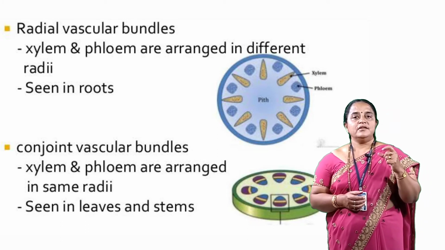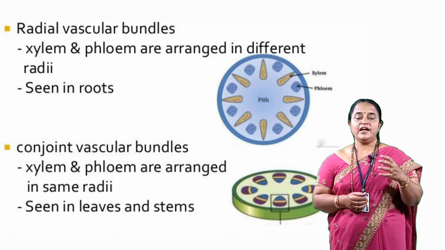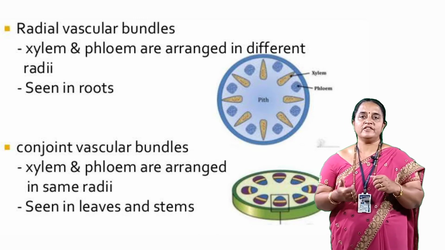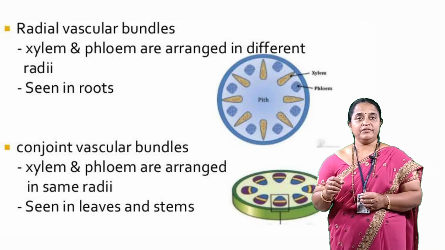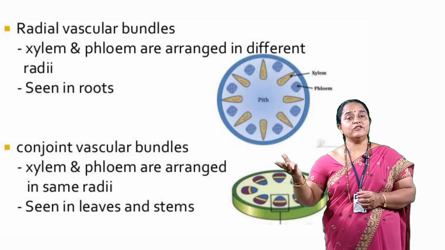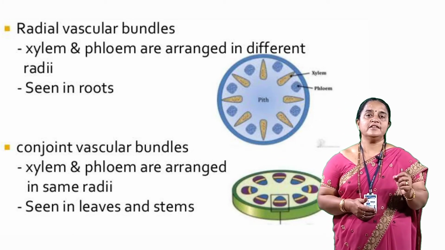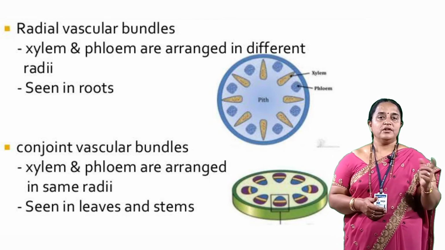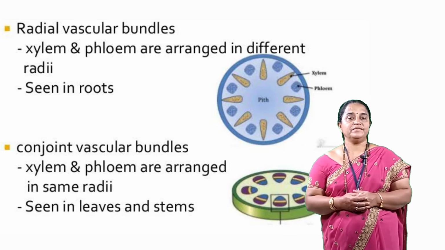If the xylem bundles and phloem bundles are countable, meaning they are minimum in number, either 4 or 6, it is said to be tetrarch or hexarch. And if the number of xylem and phloem arranged on different radii is more, it is known as polyarch. Tetrarch or hexarch condition is the feature of dicot root, while polyarch condition we find in monocot root.